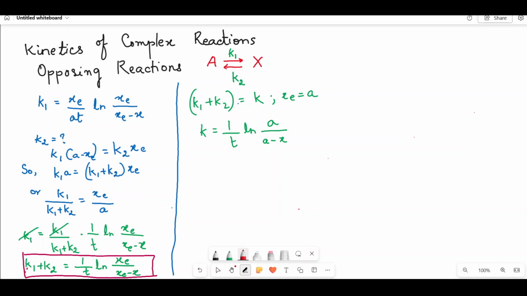Here, when we are arriving at this equation, that is what we have derived so far, it is assumed that the concentration of the product is 0.